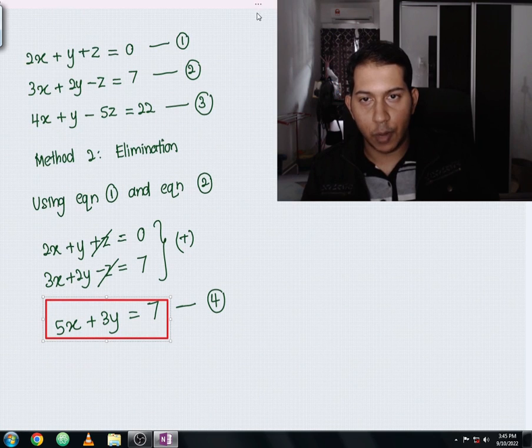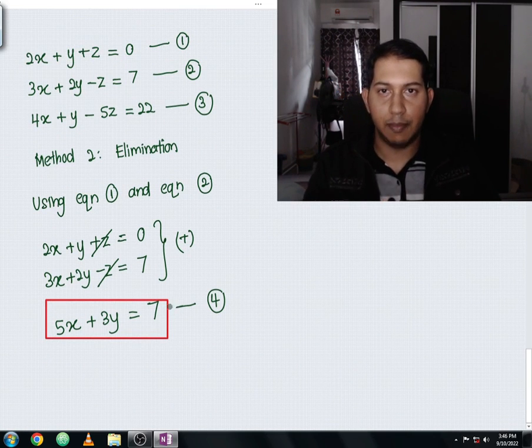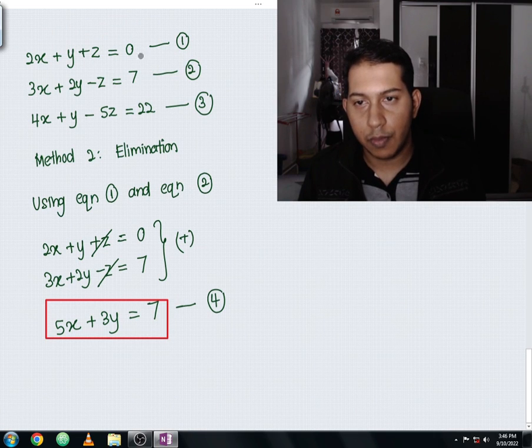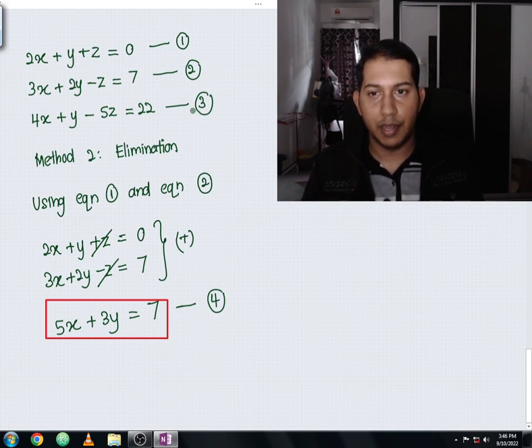So we still need one more equation before we can proceed to the next step, which is the reduction of the 2 variables to 1 variable. So for the one more equation, we can use equations 2 and 3 to perform the elimination.